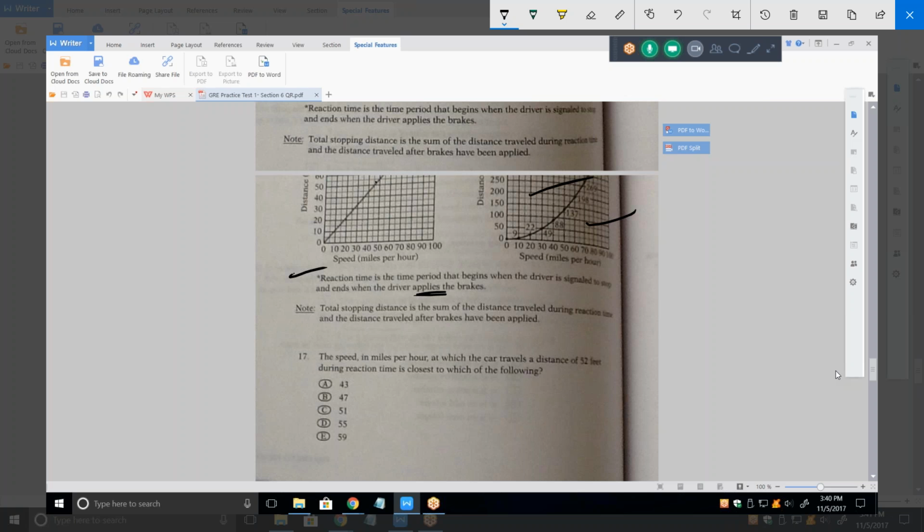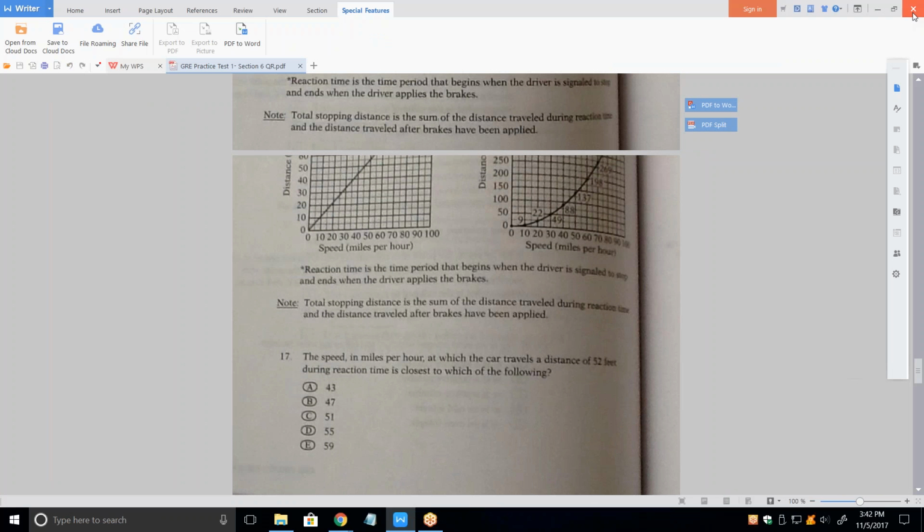So what we're looking for on the chart on the left only for number 17 is where the distance is exactly 52. That's about as close as I can come to it. Halfway between. You can't see the chart on my page? It's very small. Okay, let me blow it up here.